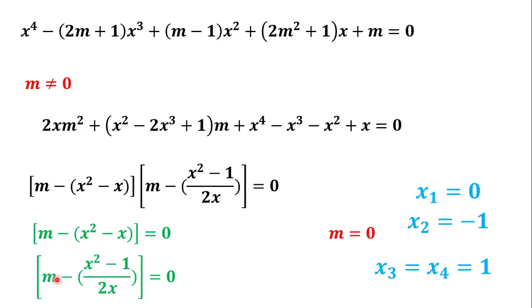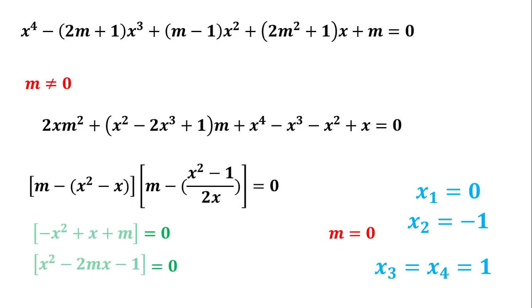So we can multiply this expression by 2 times x, and we're going to get x squared minus 2mx minus 1 equals 0. Now we have two quadratic equations, and by using the quadratic formula we can find the roots of these equations.